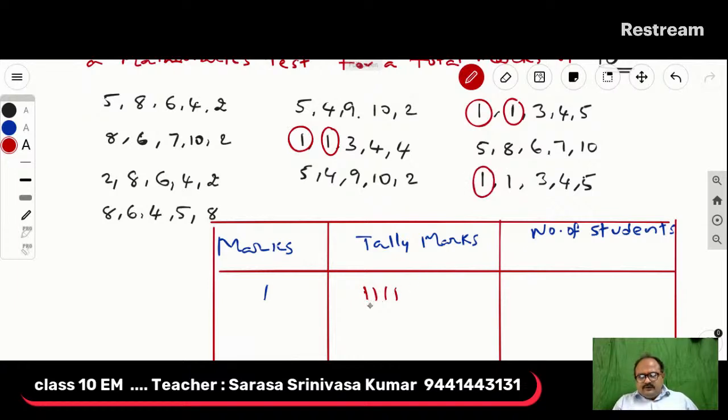So we note down tally marks up to 4 here, and the fifth one is written like this. This is the fifth tally mark.